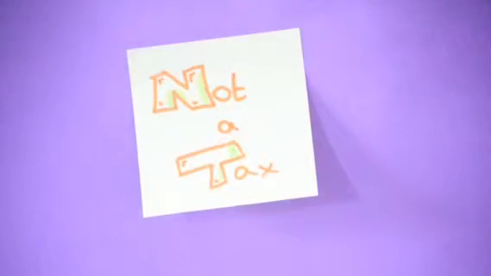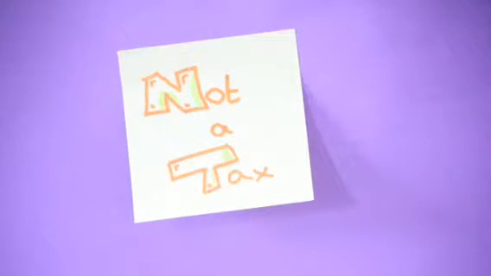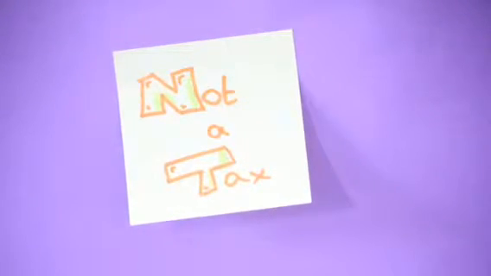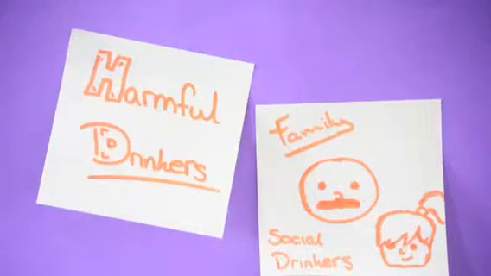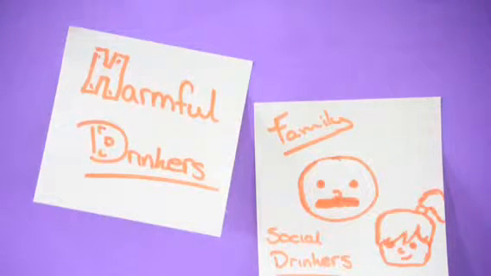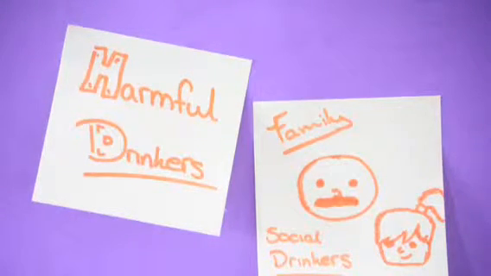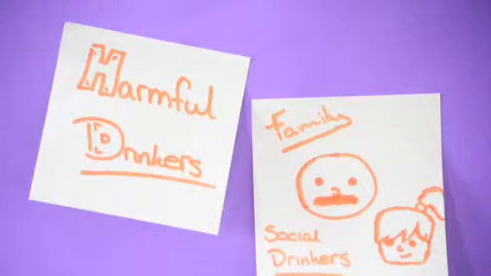To be clear, minimum pricing is not a tax. It sets the minimum price that is legal for suppliers to sell alcohol to consumers. This would hopefully impact harmful drinkers more so than family and social drinkers, because it is perceived that harmful drinkers drink cheap, high alcohol drinks, such as cheap ciders and spirits.